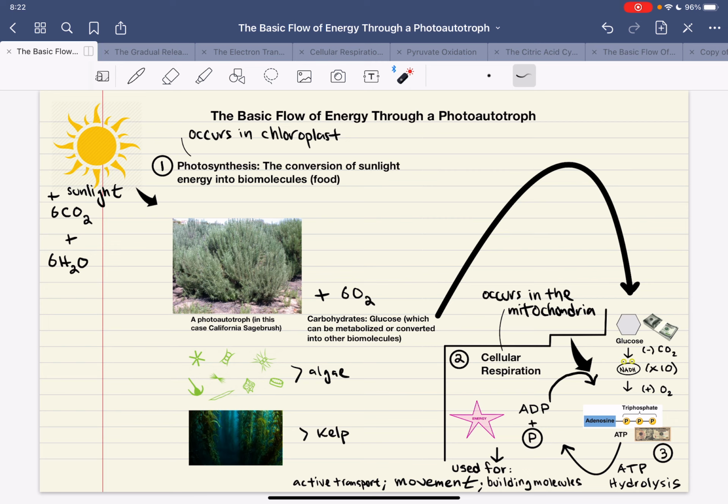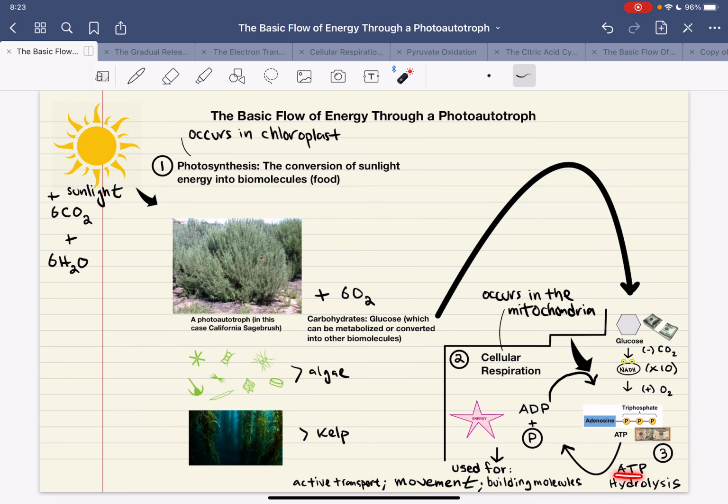Then the plant or the algae or the seaweed can use that ATP to carry out all of its energy requiring activities, whether that's building bigger molecules, growing, developing, communicating with the environment, everything.